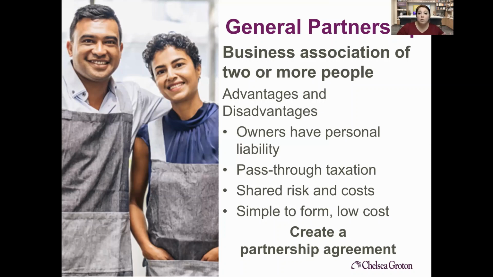Maybe they only have 20% of the business and you have 80%, but your partnership agreement will spell all of that out. So if you have a partner, you have to have a partnership agreement. The partnership agreement needs to be on file with the bank. They're going to request that document when you go to open your business account. So you need to get all of that figured out before you file for a general partnership.